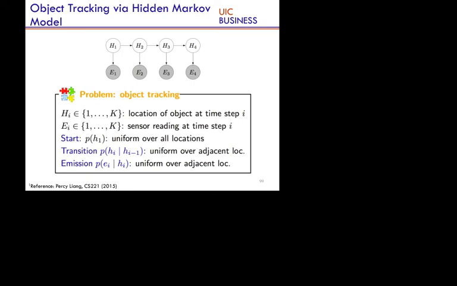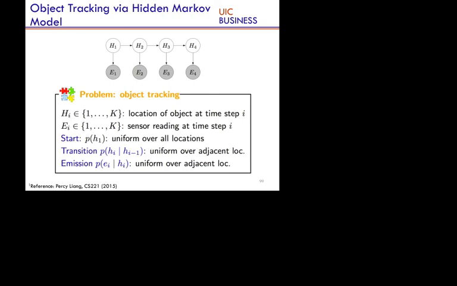So you just have to define the transition probability: given H2, what is the probability of H3 being equal to something, and then given H3, what is the probability of the emission? These two conditional distributions and the initial distribution completely specify the joint distribution of this probabilistic graphical model. I'm also using parameter sharing, so I'm not writing a distribution per time step.